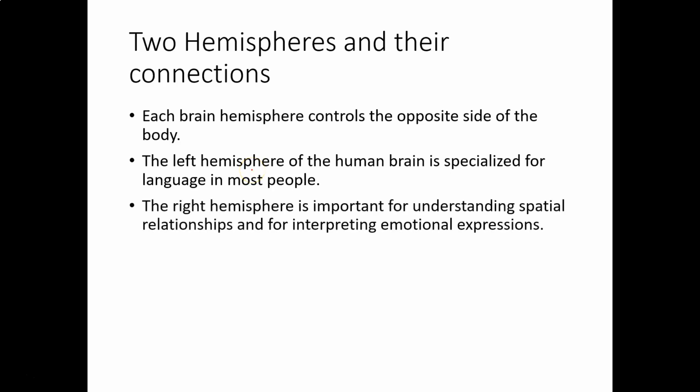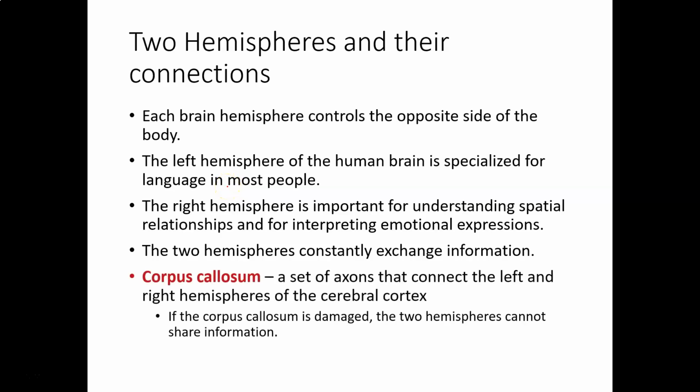And the right hemisphere is important for things like spatial relationships, where things are in space relative to each other or to you, as well as for interpreting emotional expressions on people's faces. But the two hemispheres are constantly exchanging information with each other through a humongous structure called the corpus callosum.